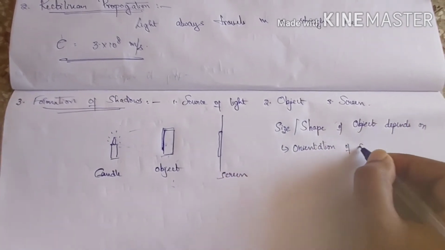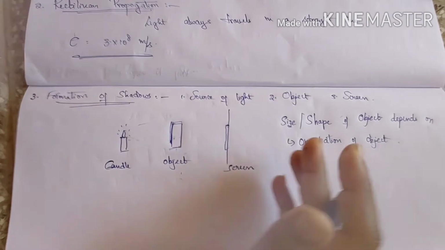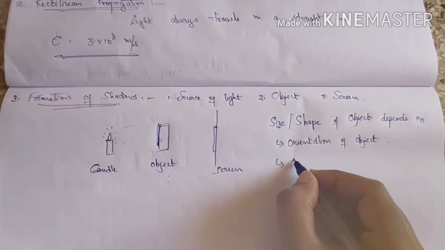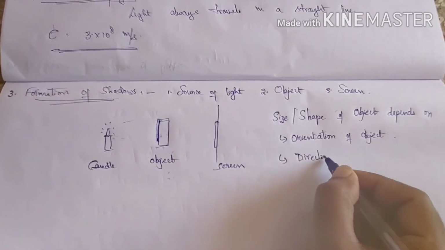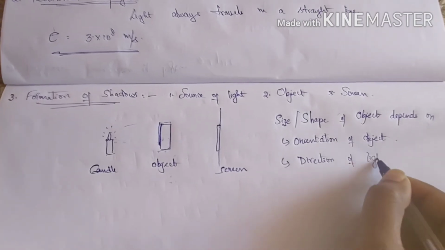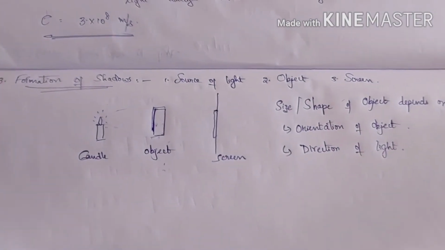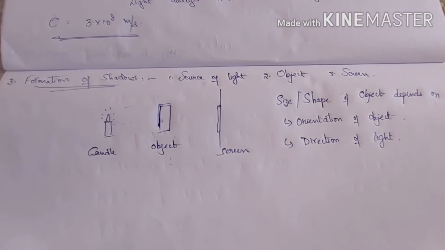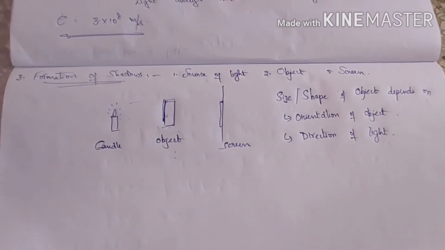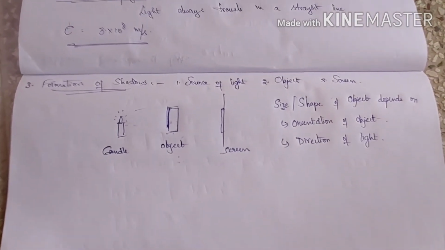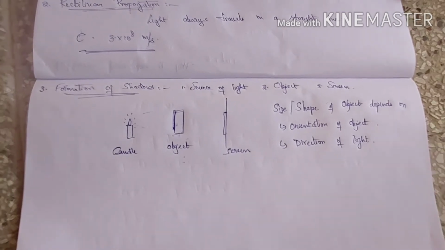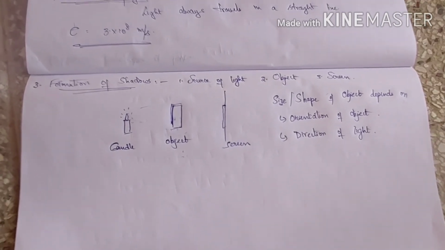Orientation of the object, the direction of the object that we are keeping. Second one, the direction of light that is falling on it. Sometimes when you are walking on the road and observe your shadow, sometimes it will be large, sometimes it will be small. So this depends on the direction of light that is falling on it.